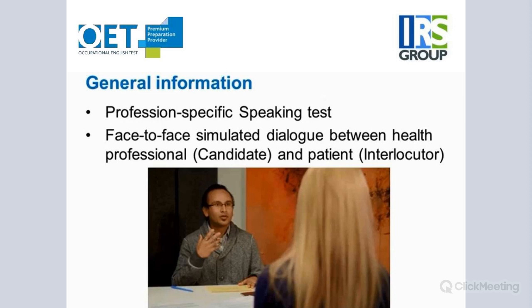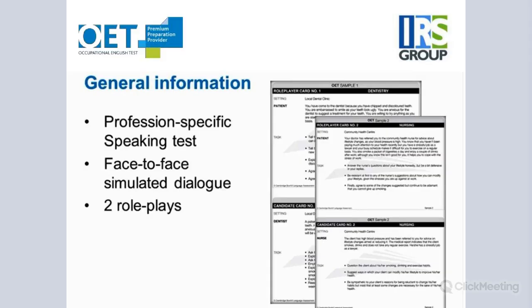So the first role play card will be given to you, and you will be given some time to prepare, to look at the role play card, and you will be asked to perform some tasks, or you would be asked to ask some questions in that. So that we will get into detail by looking into different role play cards coming up. Okay, so basically you'll be given two role play cards.